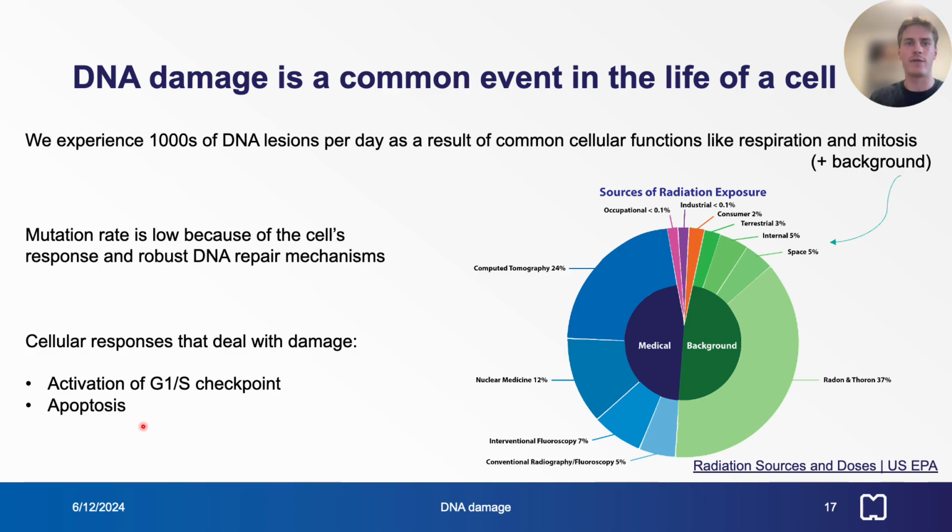Necrosis is an explosive form of cell death that does release material in the surrounding area, which is highly inflammatory. And you can see here a diagram of sources of radiation exposure in the United States.